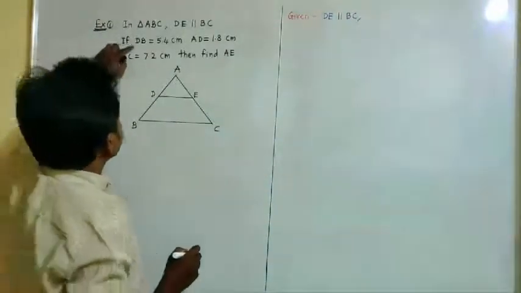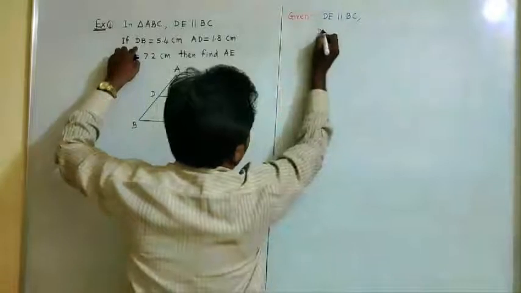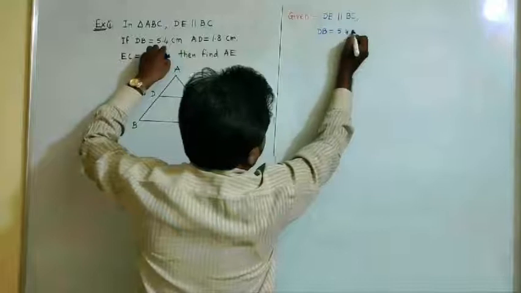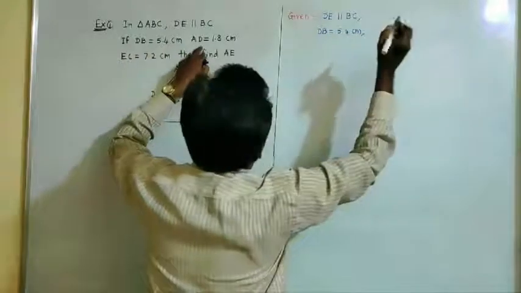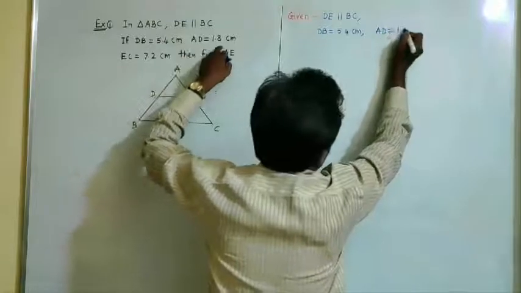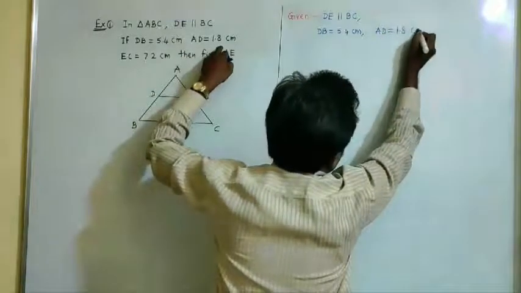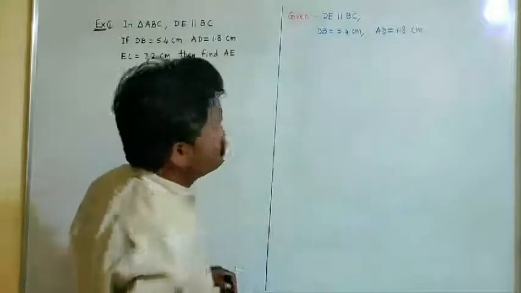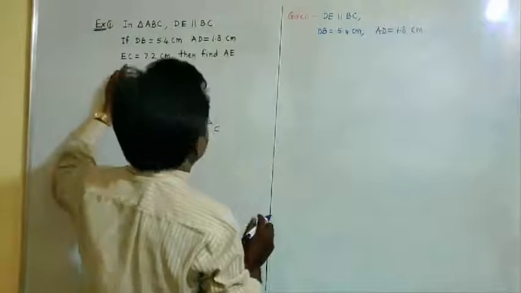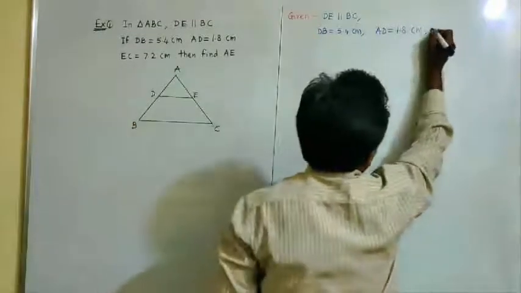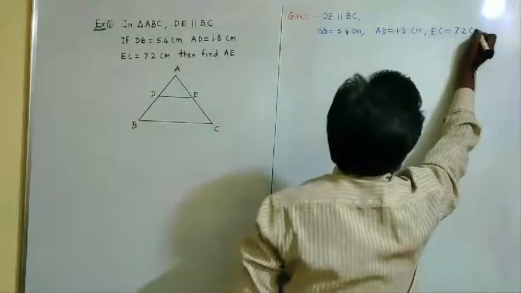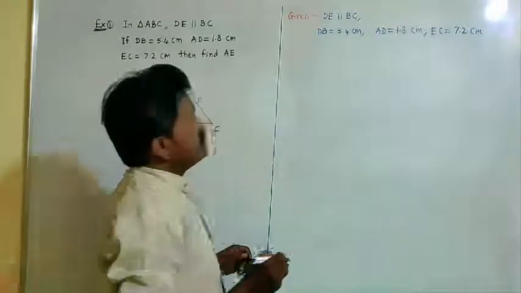Then given here, sir, DB is equal to 5.4 centimeters. AD is equal to 1.8 centimeters. EC is equal to 7.2 centimeters. So these are the given parts.